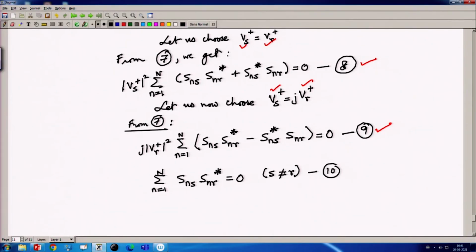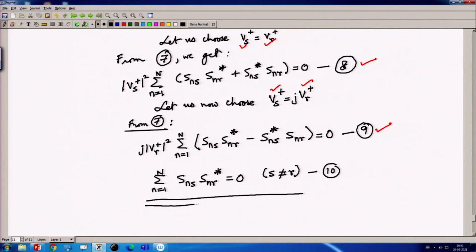I repeat again that because V s plus and V r plus none of them are 0, the only way equation 8 and 9 can both be satisfied is by setting the summation over n equal to 1 to capital N of S n s S n r star as 0 with s not equal to r.